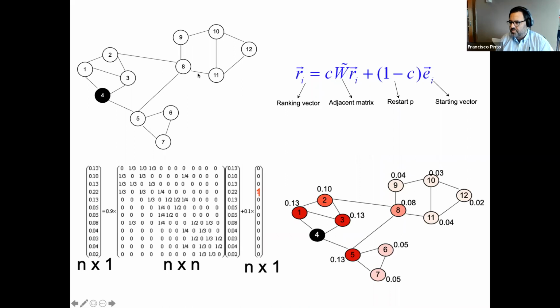So the concept of PageRank is you have a web surfer instead of a random walker. It's someone that is clicking on links from page to page, but with some probability, it goes back to the original page and picks randomly one of the pages to start again. That's the way that Google gives weights to different web pages.